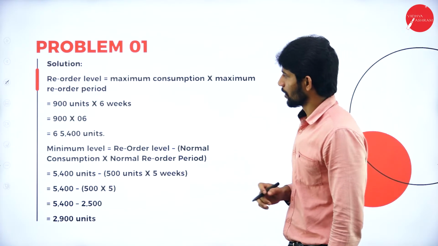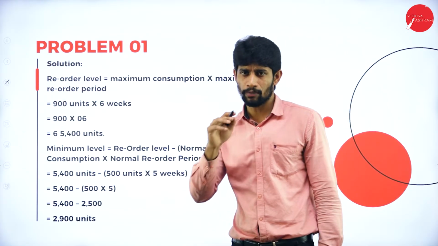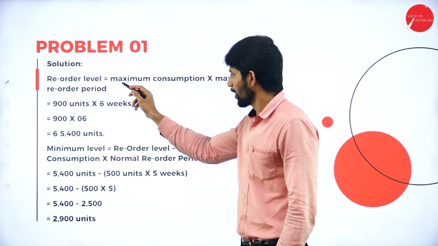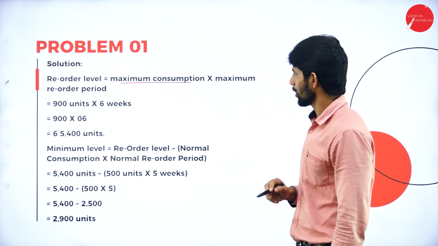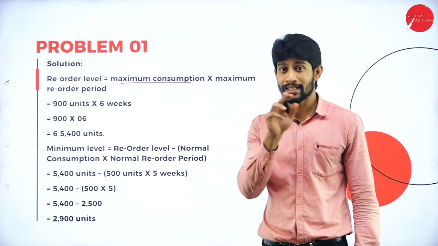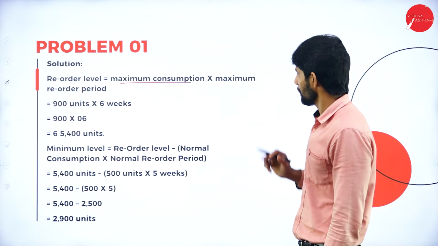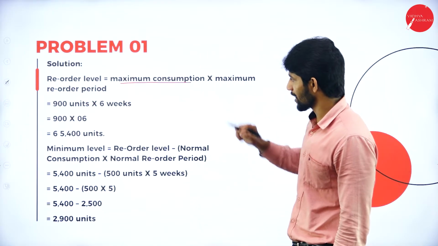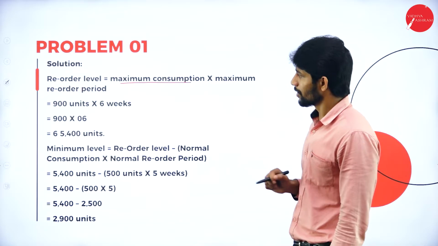First, reorder level. To compute reorder level, what is the formula? Maximum consumption into maximum reorder period. So what is the maximum consumption and what is the maximum reorder period?